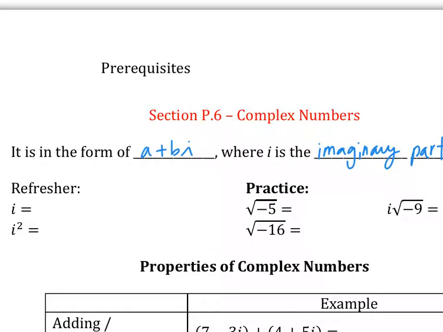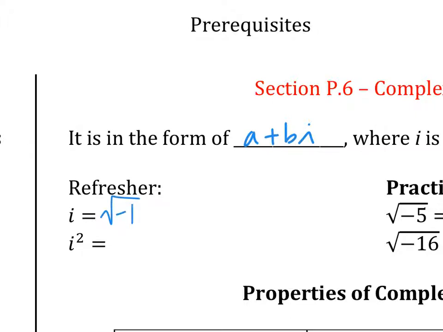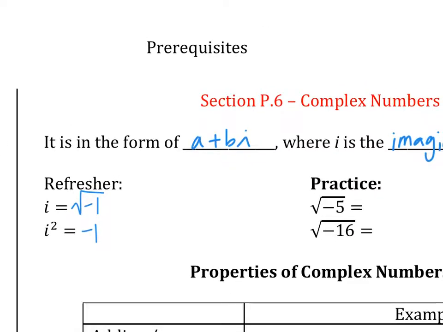Let's do some refresher. What does i stand for? Yeah, square root of negative 1. What is i squared? Minus 1. That's correct. Okay, it's just a review.